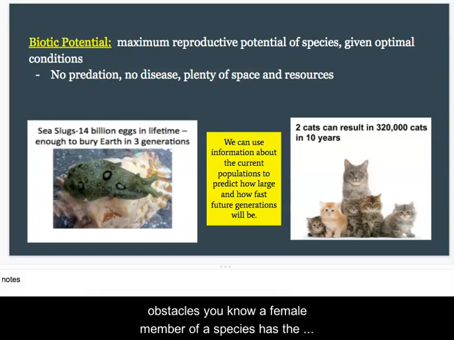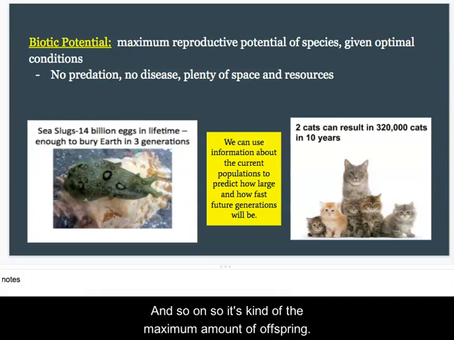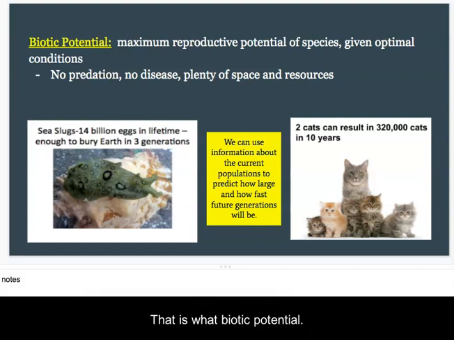A female member of a species has the most offspring that they could possibly have, and all of those offspring live and thrive and grow up, and so on. So it's the maximum amount of offspring that a species could have if everything was optimal. So there are no predators, no disease, plenty of space and resources. It's utopia. Wide open field. Nothing is going to stop it. That is what biotic potential is.